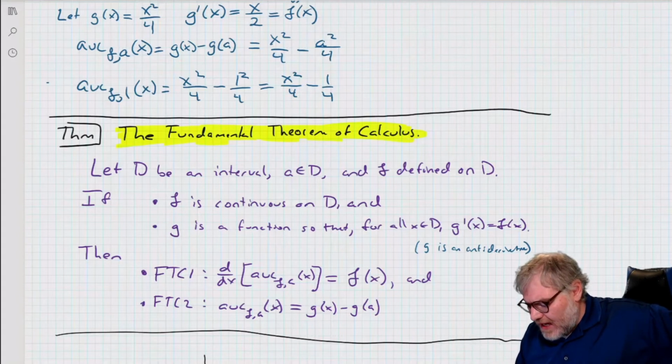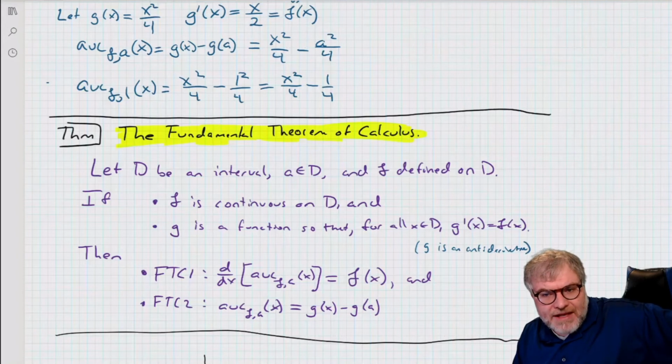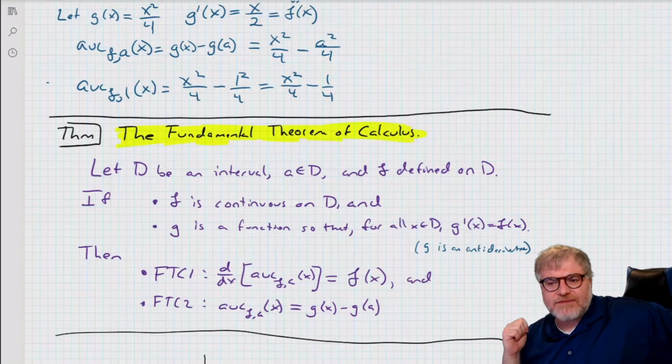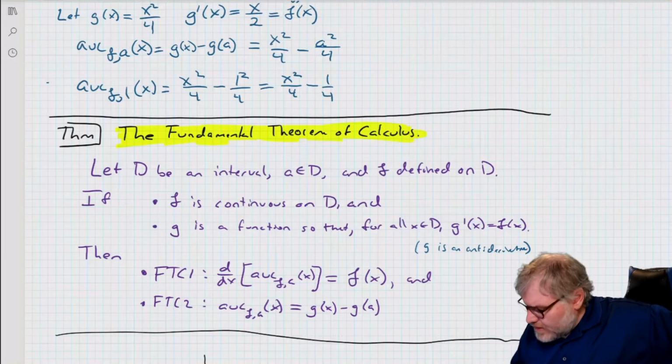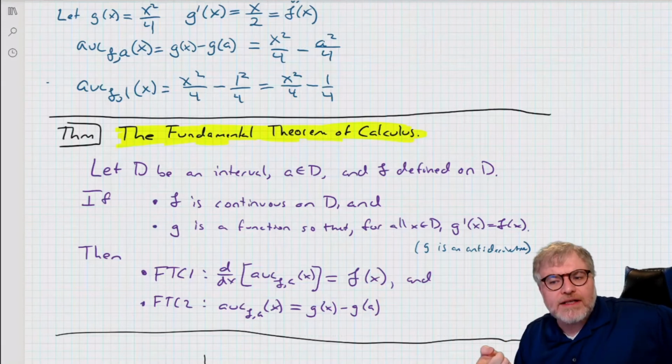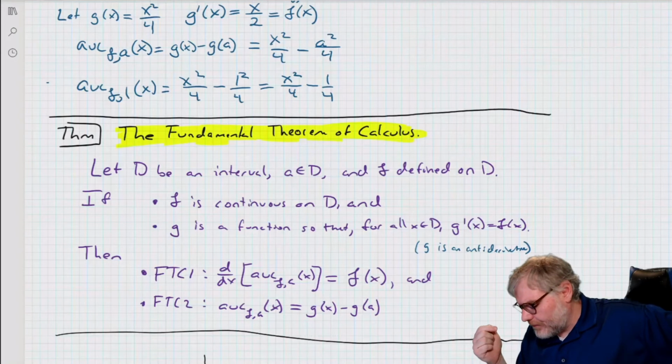The derivative of the area under the curve function is F, and the area under the curve function from a to x is g of x minus g of a. This g is called an antiderivative, which will be the subject of part 1 of next time's lecture.